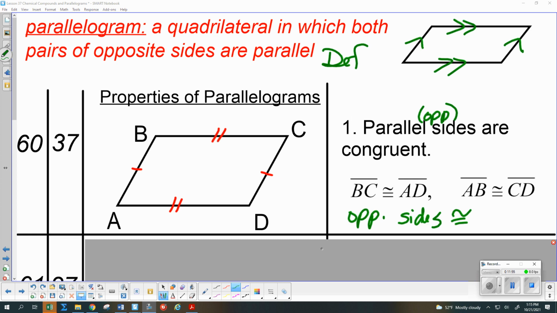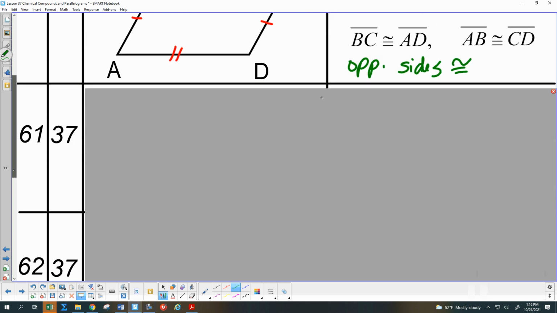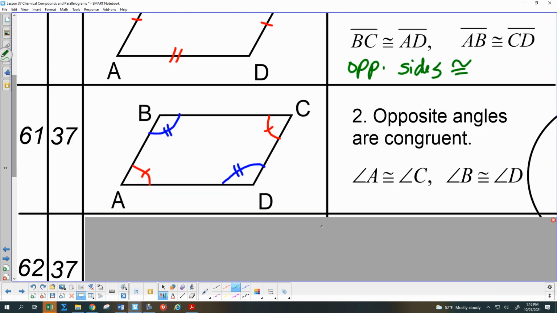So far we have opposite sides are parallel, opposite sides are congruent, and our next one says that opposite angles are also congruent. So notice in that parallelogram, unless it's a rectangle where everything's 90 degrees, one set of opposite angles is going to be acute, and one set of opposite angles will be obtuse.